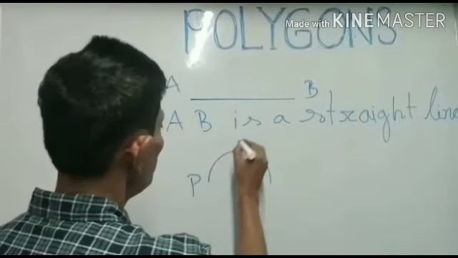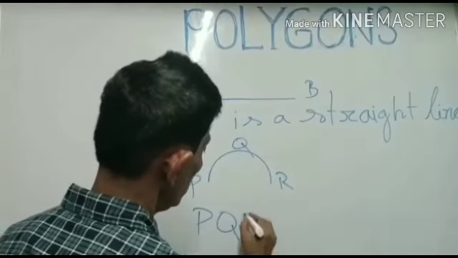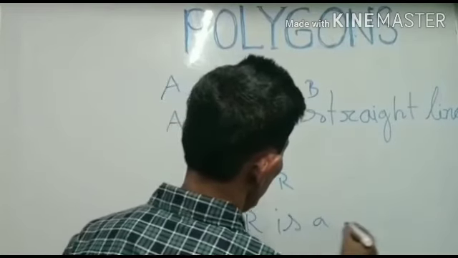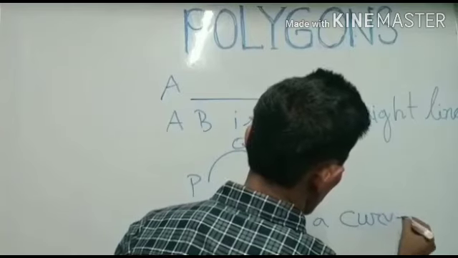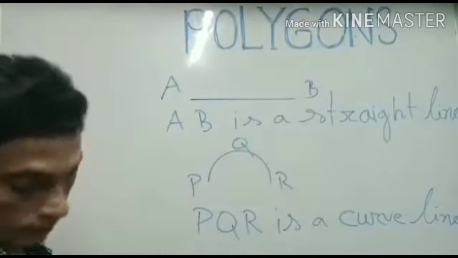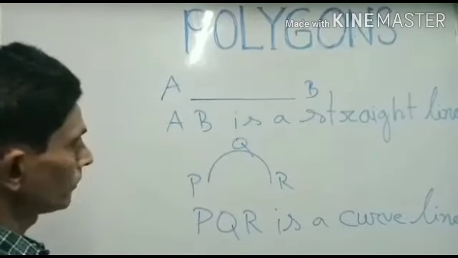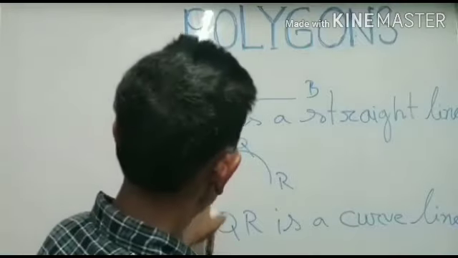Suppose PQR is a curved line. AB is a straight line, and PQR is a curved line.